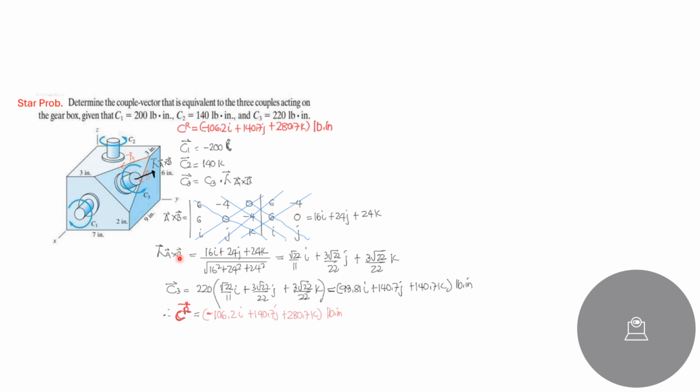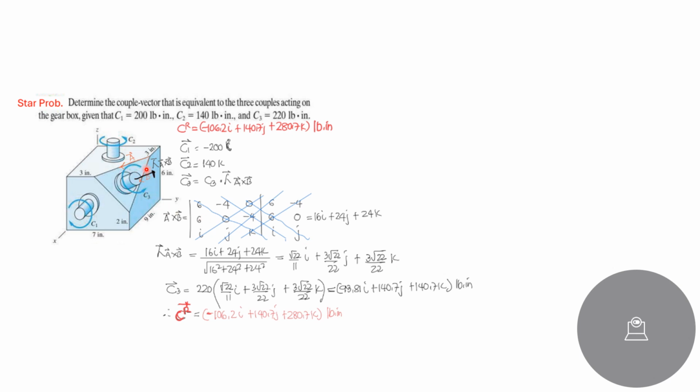So the unit axis vector of couple C3 is obtained by dividing this by its magnitude, and the magnitude is square root of 16 squared plus 24 squared plus 24 squared. So therefore, the unit axis vector of couple 3 is square root of 22 over 11 i plus 3 square root of 22 over 22 j plus 3 square root of 22 over 22 k.